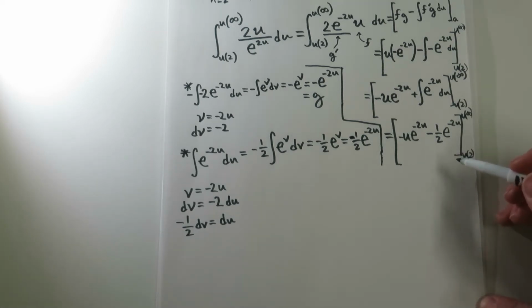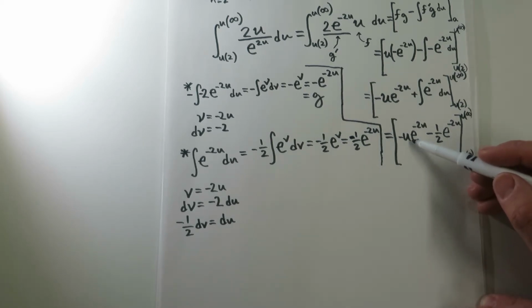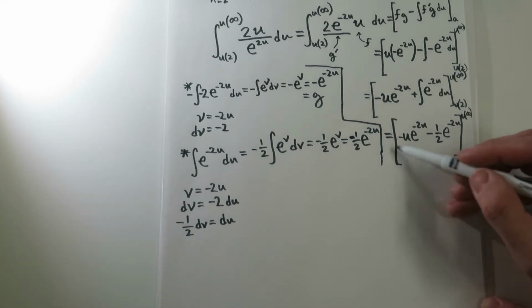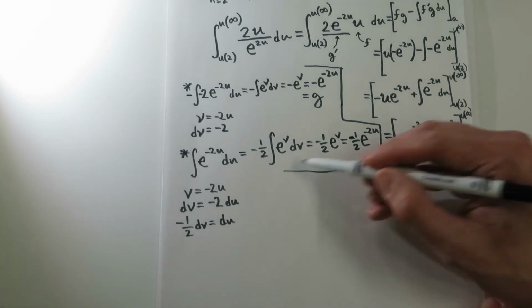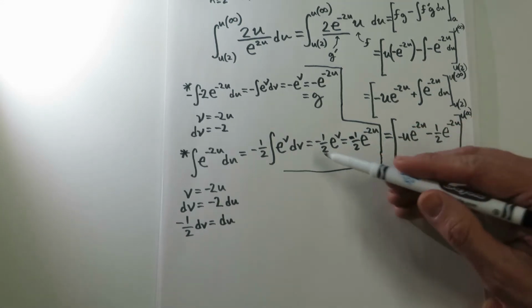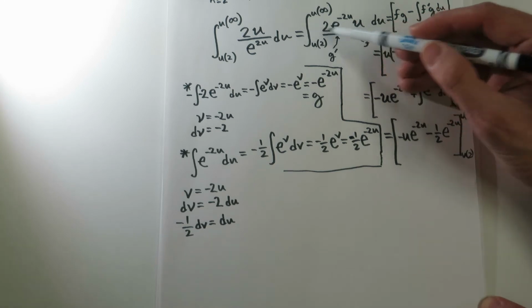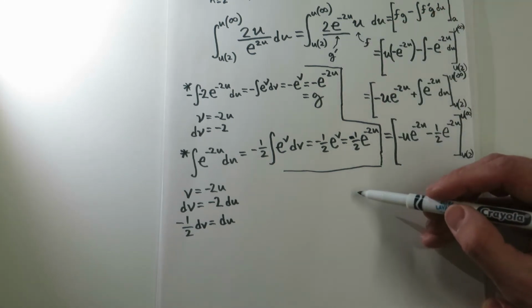And now, because we've gotten this far, we can plug back in for u. So just bringing this down, just section that off here so we don't get any of this confused with what's coming down here. This is just a continuation of what we started up there.